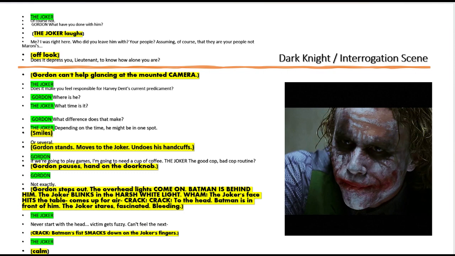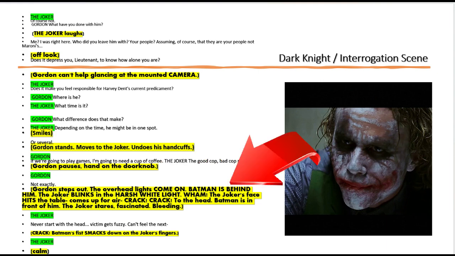So now that we know what a parenthetical is, let us take a look once again at the interrogation scene. The Joker laughs. A laugh is an emotion. Off look. It gives a physical direction where the Joker does not look at Lieutenant Gordon. Smiles. Gordon stands, moves to the Joker, undoes his handcuffs. Gordon pauses, hand on the doorknob.